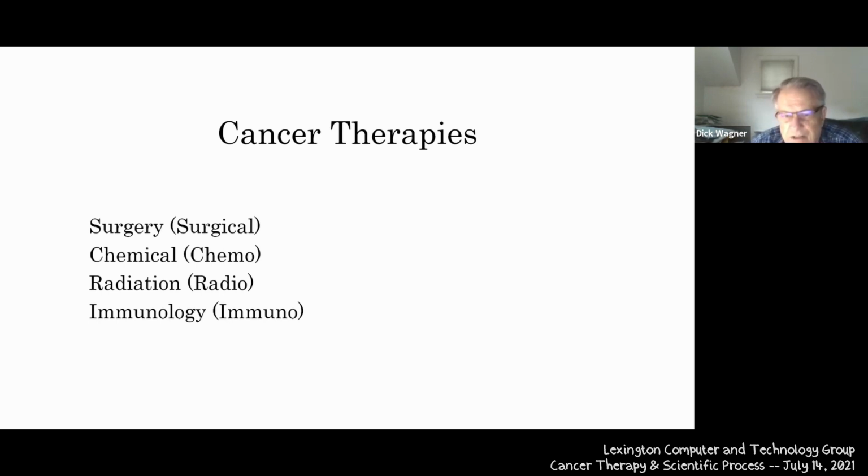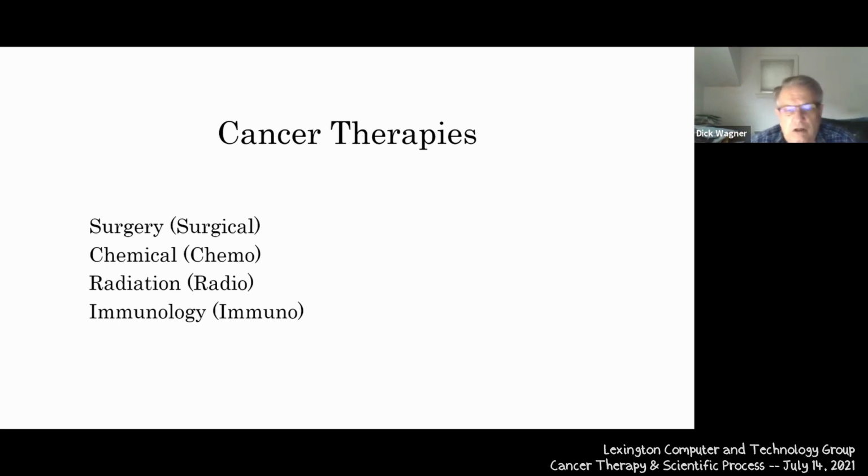In other words, masses that you can visualize. But cancer also can occur in the blood or in the lymph or in the interstitial spaces between cells, and so you can't get to that with surgery. So you have to use something else, and chemicals were one of the ways that people try to go in to eradicate cancer. The topic that I'm going to talk about today comes from this area of chemical or chemotherapy.